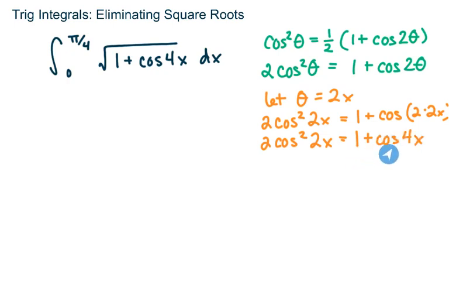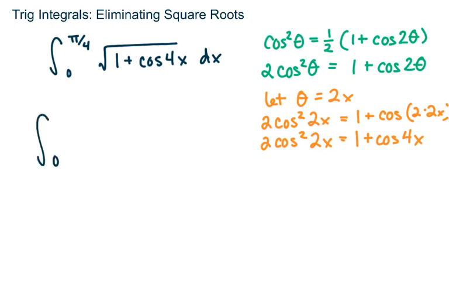So with the manipulation of an identity, I've achieved my radicand, the expression under my radical. And since these are both equal, I'm going to sub in under my radical 2 times cosine squared of 2x.